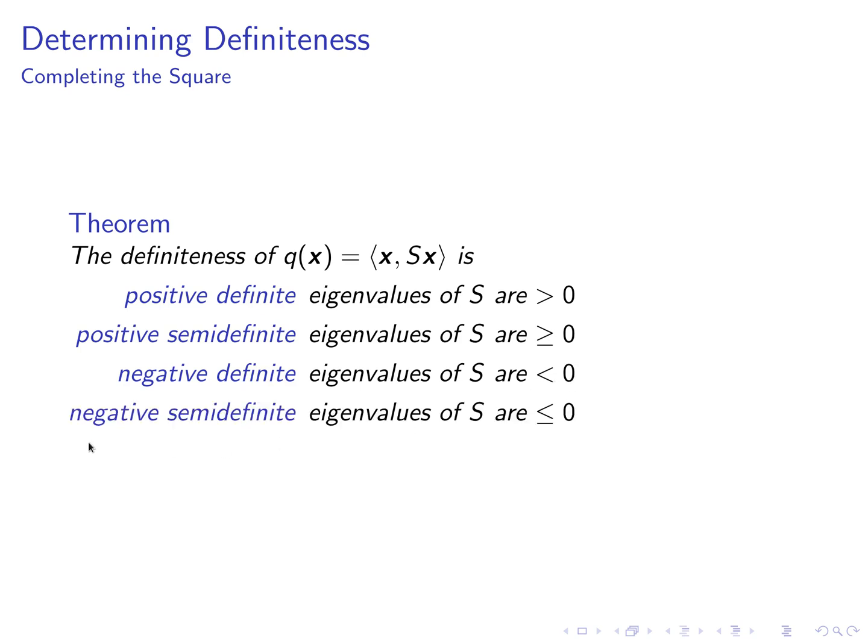The quadratic form is negative semi-definite if all of the eigenvalues are non-positive. And the quadratic form is indefinite if some of the eigenvalues are positive and some of the eigenvalues are negative. So if you manage to find all of the eigenvalues of the matrix representing the quadratic form, all you have to do to determine the definiteness of that quadratic form is look at the signs of the eigenvalues.